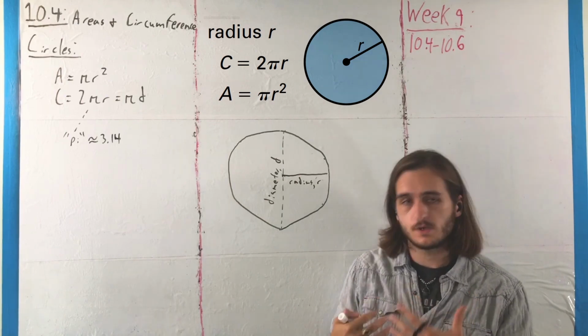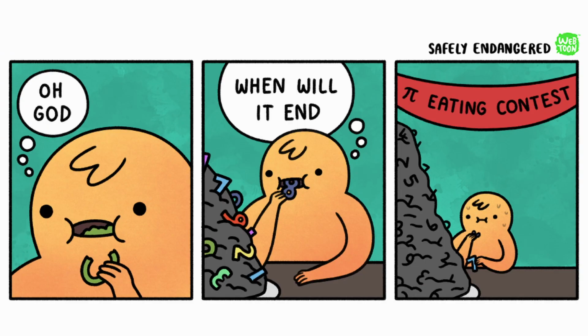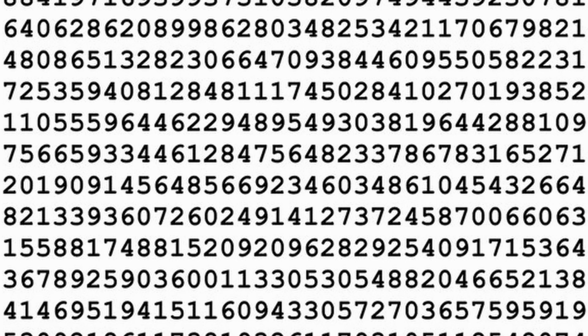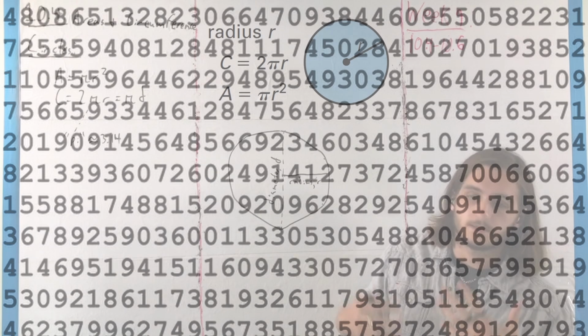If you don't remember it, that is the Greek letter lowercase pi that refers to a very specific, very important, and very long irrational number, 3.14159, and so on forever and ever and ever, because it never stops.